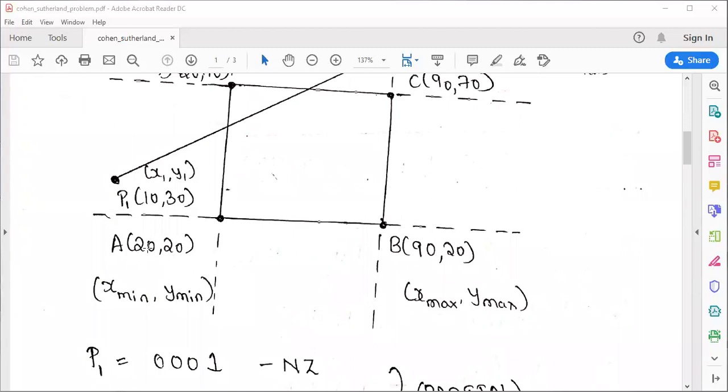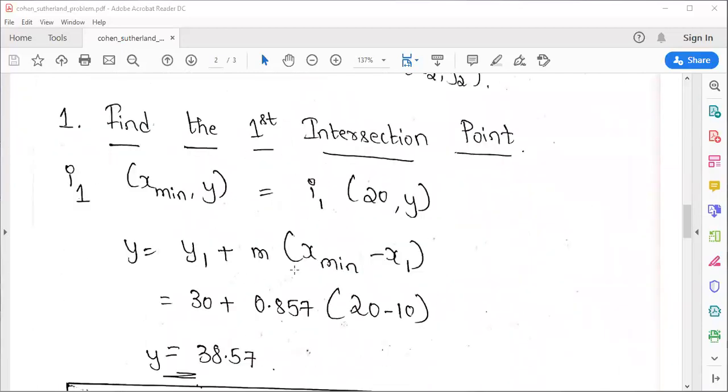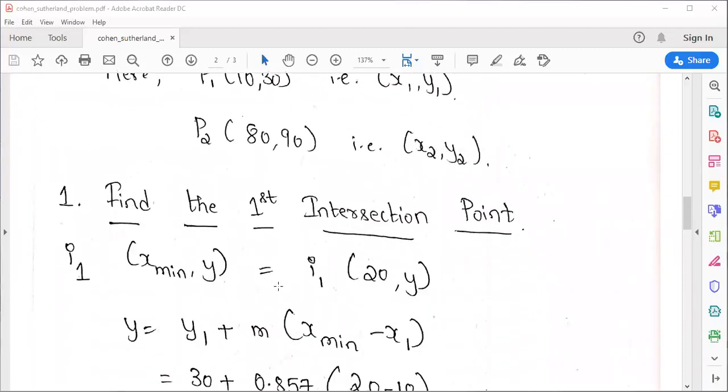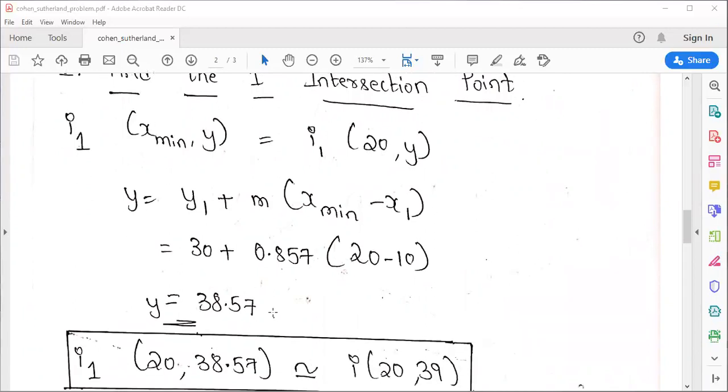Your x min value will be the value of your clipping window, which is 20, and you have to find y. So we use the formula y is equal to y1 plus m into x min minus x1. Y1 is 30 plus the slope we calculated, 0.857, into x min, 20, minus 10. So 20 minus 10 is 10, and 10 into 0.857 plus 30 gives 38.57.